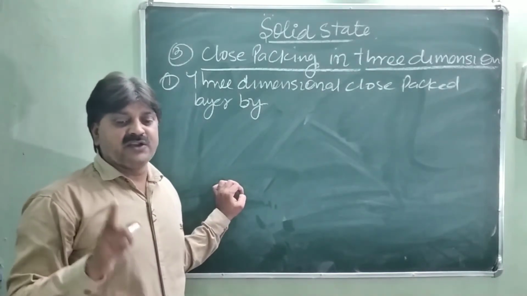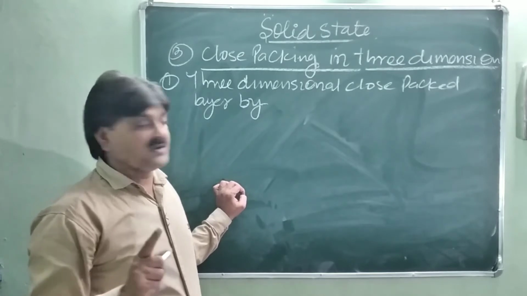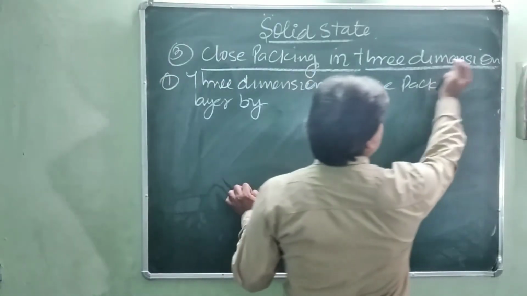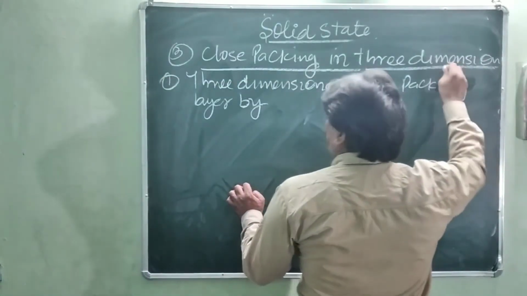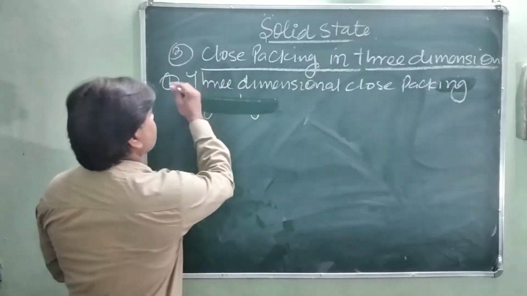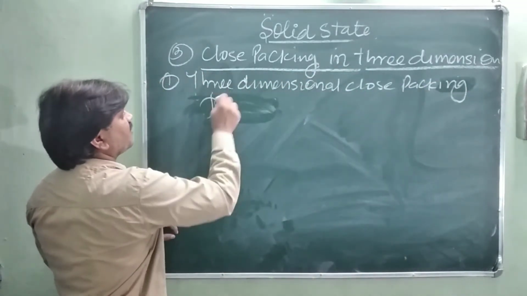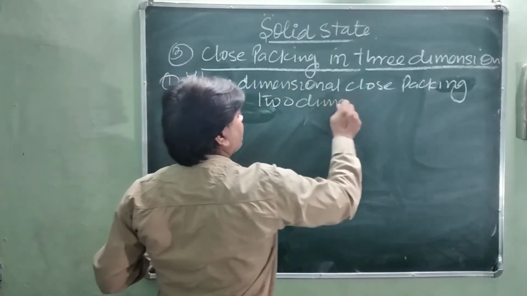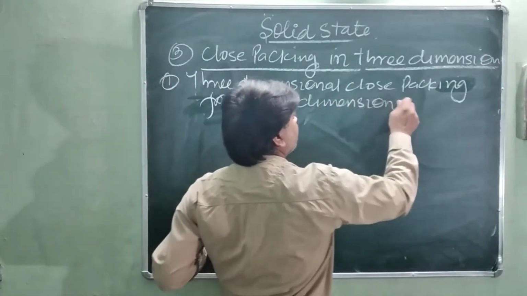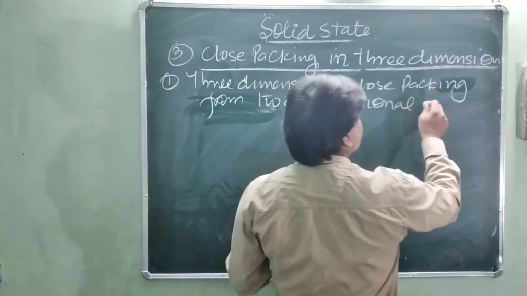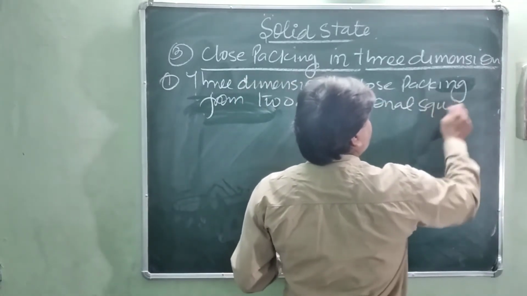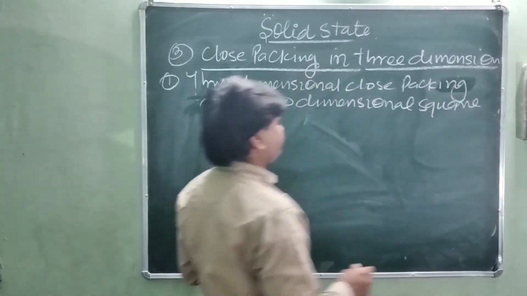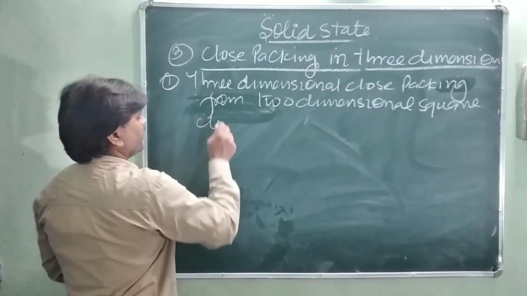This is the 3-dimensional closed packing from 2-dimensional square closed pack structures, the square closed pack layer.